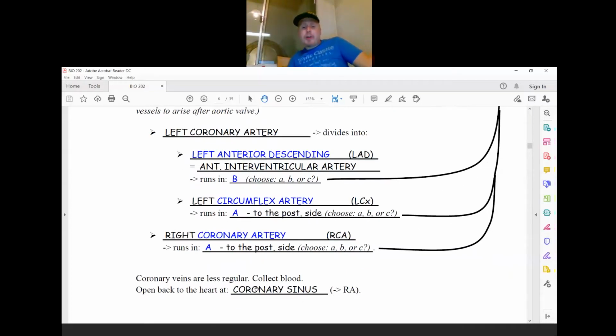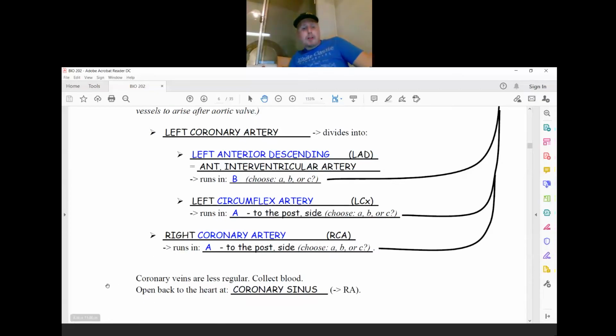I mentioned the coronary sinus earlier on when we looked at the structures inside the right atria. So the coronary veins, they are not quite as regular like veins in general, but they are better in terms of regularity in the heart.